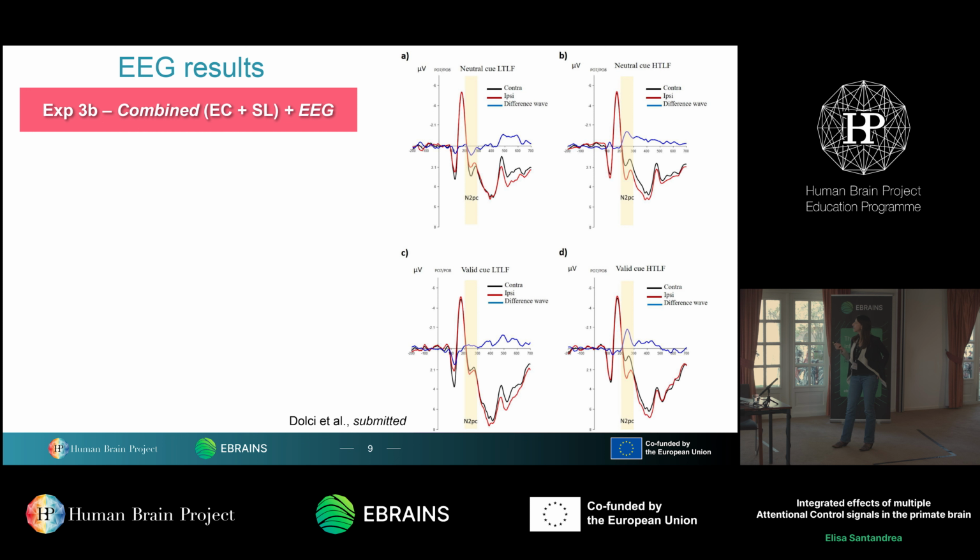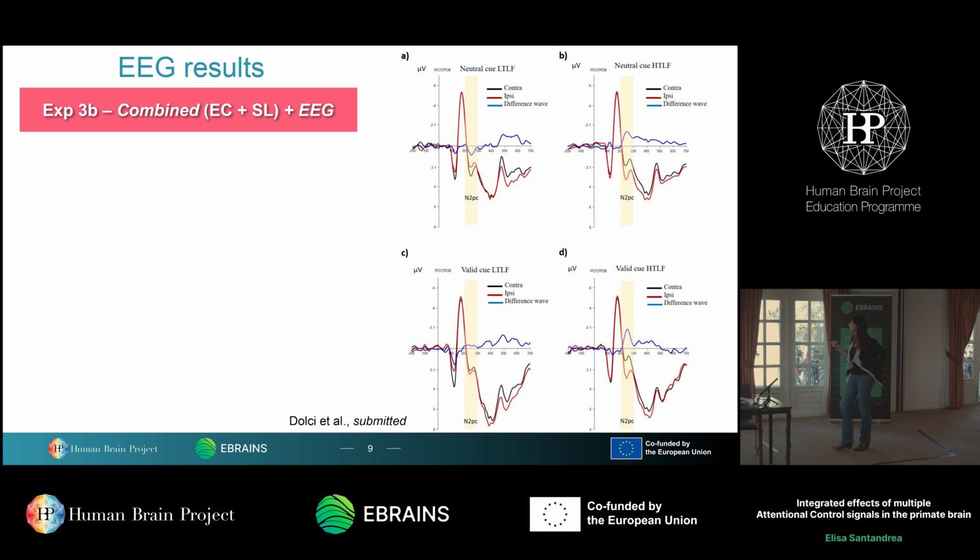And in blue you find the difference waveform that subtracts contra-ipsi activity, which is the calculation for the N2PC component. And the N2PC is shown here. It's typically found in this temporal window, around 200 to 300 milliseconds after stimulus onset.